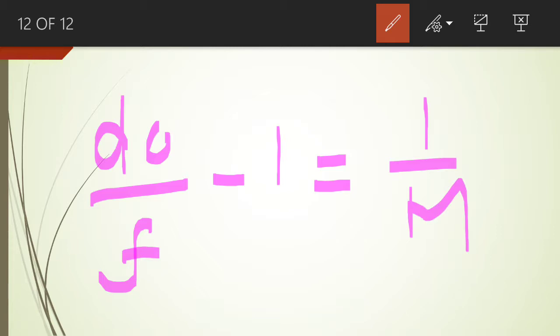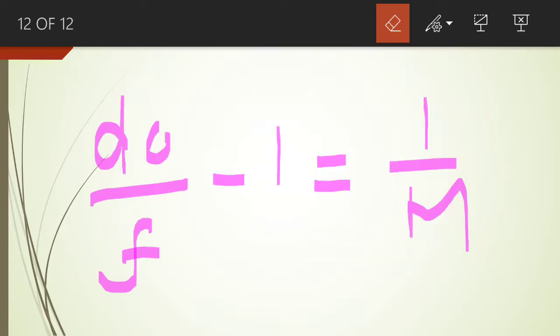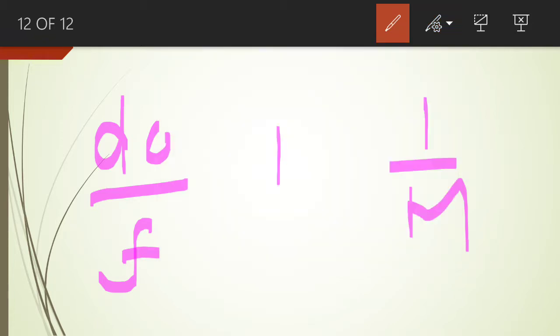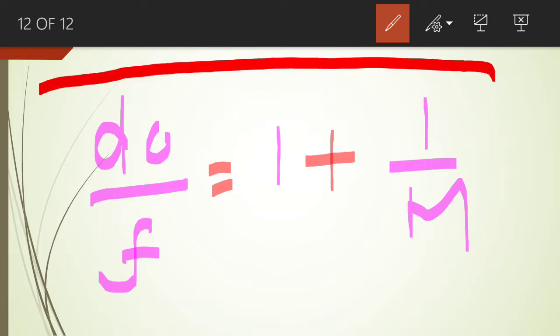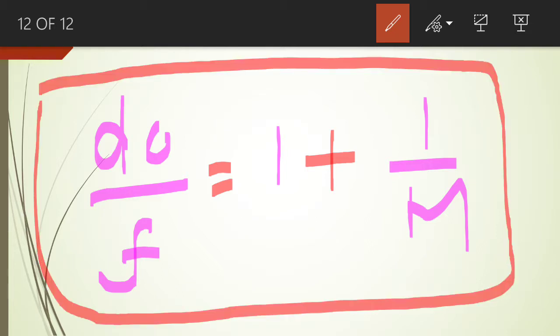And this equation will give you d naught by f. So d naught by f will be equal to 1 plus 1 over m. So we can calculate d naught by f with the help of this particular equation.